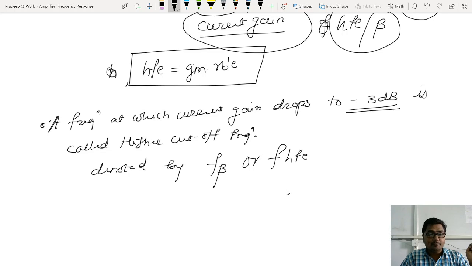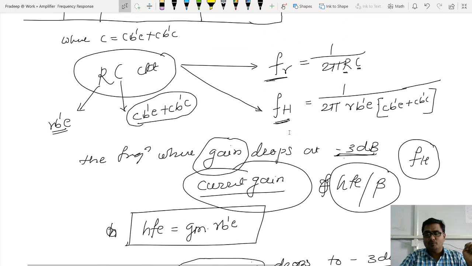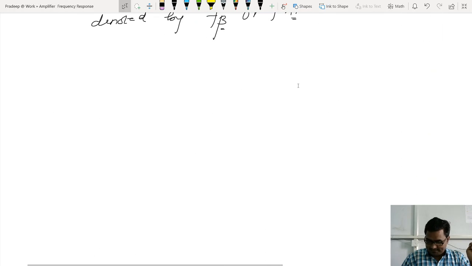Why F beta or F HFE? Because beta and HFE show the current gain. That's why that frequency is called F beta or F HFE. So the equation we wrote for FH is actually not FH, it is F beta. It is called the beta cutoff frequency.